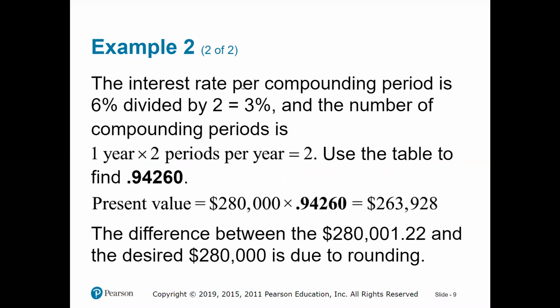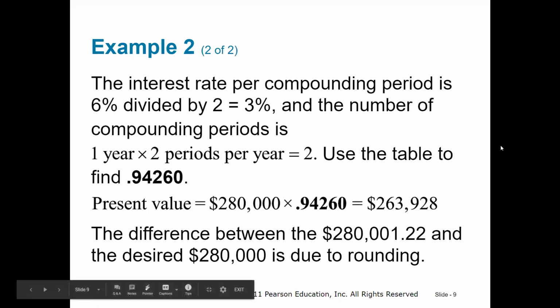So the interest rate per compounding period is 6% divided by 2, which is 3%, and the number of compounding periods is 2. When you use the table, you get that present value number. You would need $263,928. The difference between that and the desired amount is due to rounding.